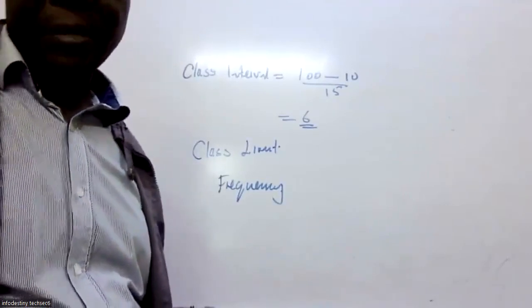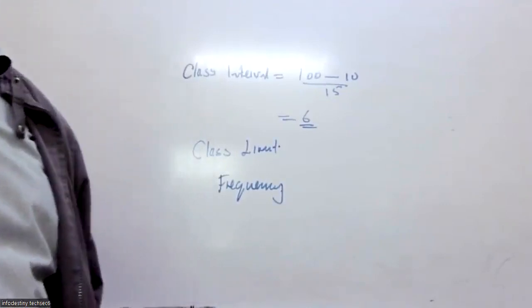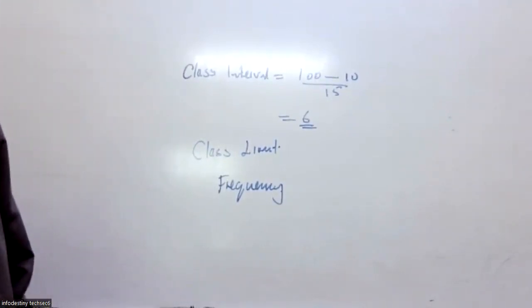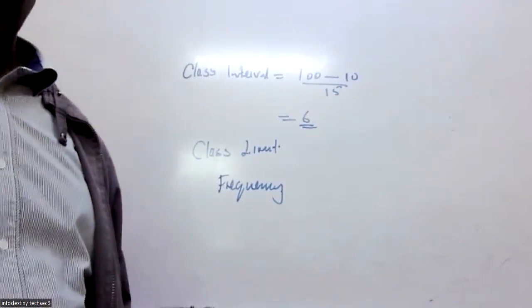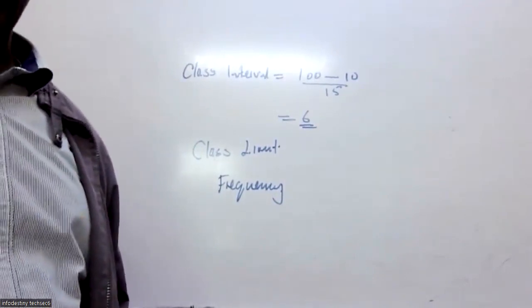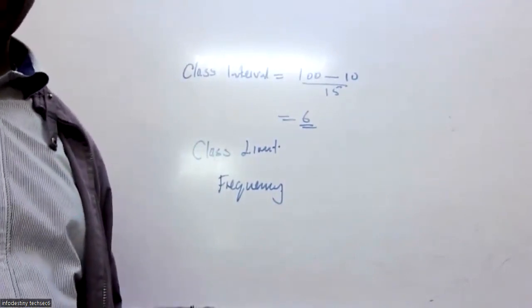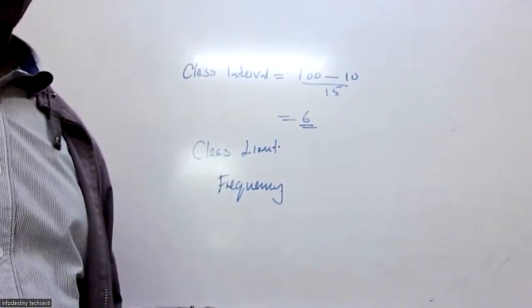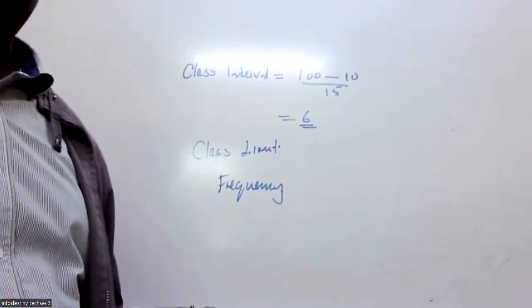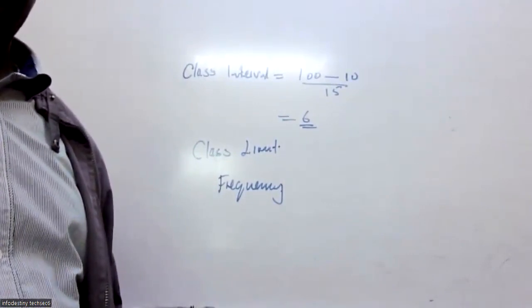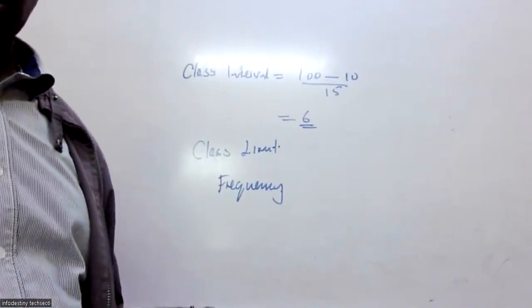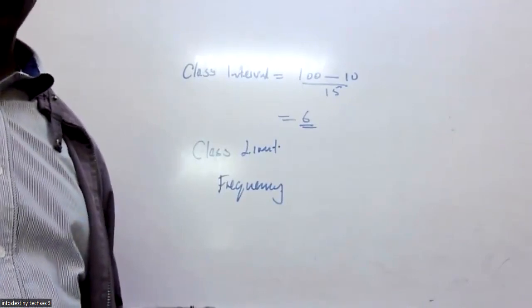According to this method, the class intervals are written on a sheet of paper called the tallying sheet.